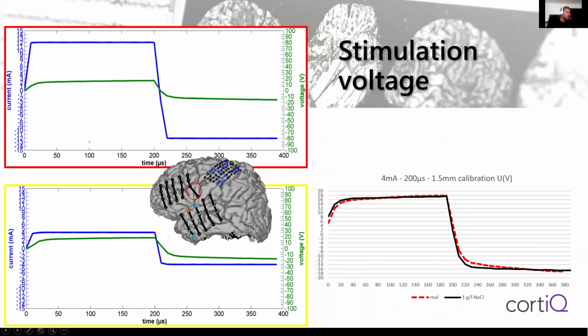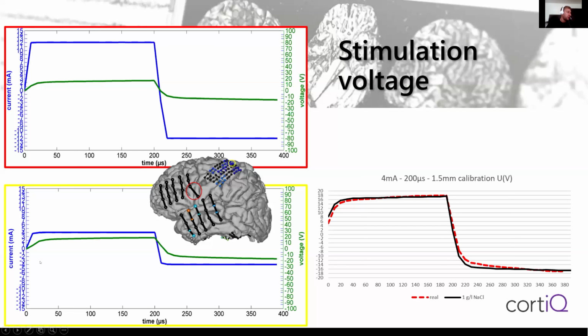Another aspect is, of course, the stimulation voltage. When we stimulate here in this area with the macroelectrodes, then we can measure a voltage of around 10 volts that we need for here 12 milliampere stimulation. So this is a 2.7 millimeter disc, and this is a 1.5 millimeter disc.